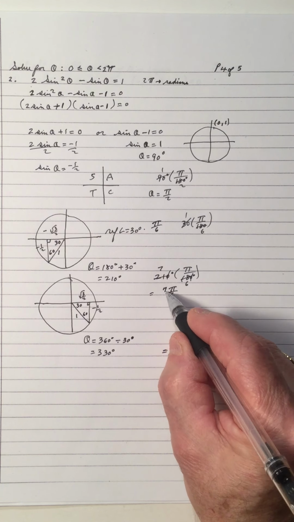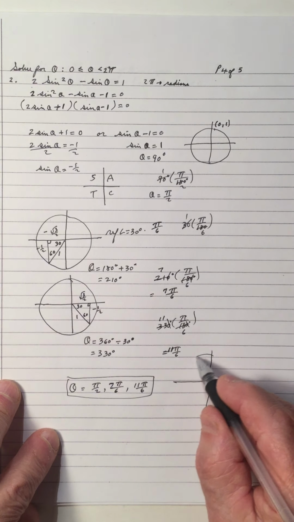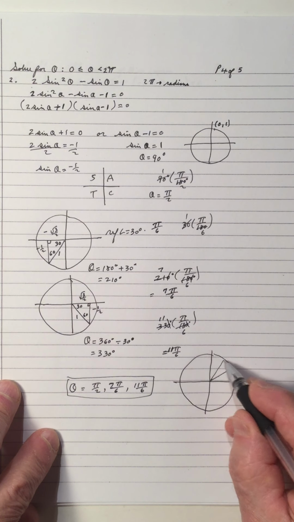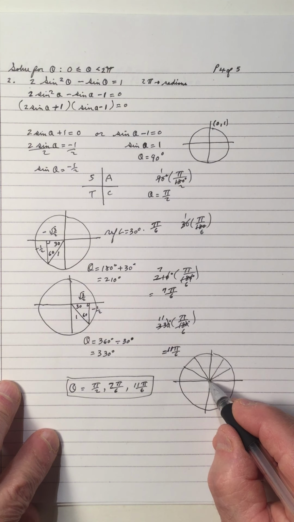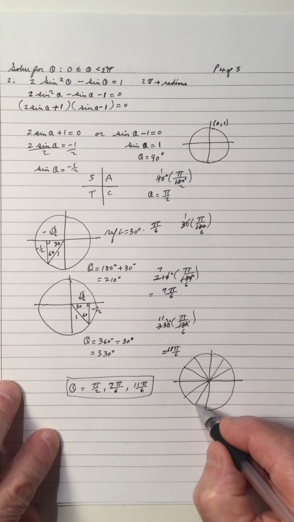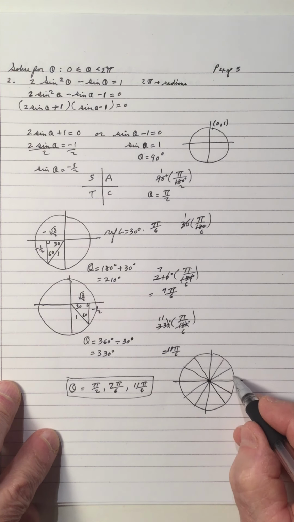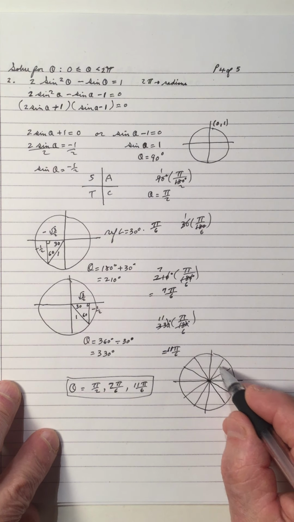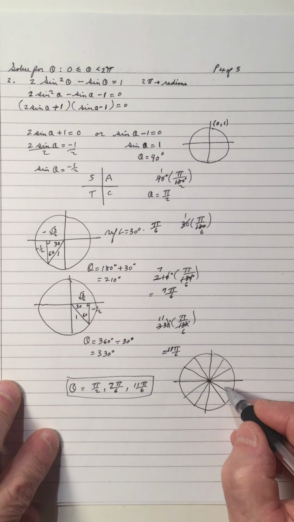And another way to think about it too, just watch this. If you went around a circle and you have a 30 and a 30, and then you have another 30, you get all 30s. So there's your 30s: 30, 60, 90, 30, 60, 90. Notice there's 3 here, 3 here, 6, 9, there's 12 of them.